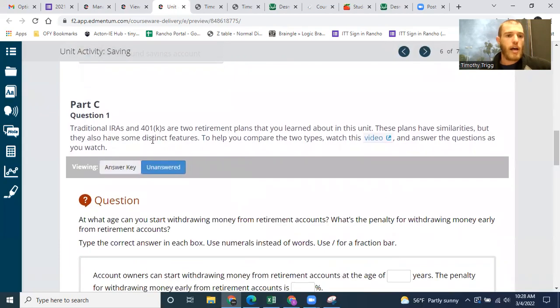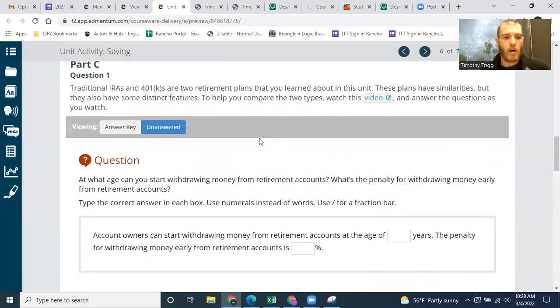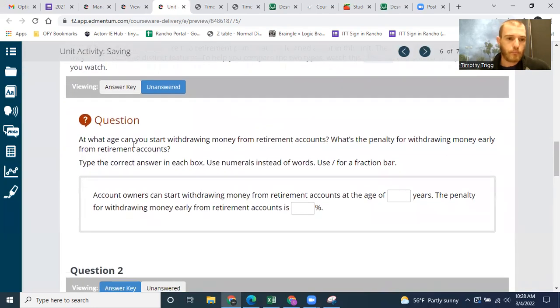Okay, traditional IRAs and 401ks are 2 retirement plans that you learned about this unit. These plans have similarities, but they also have some distinct features. To help you compare the 2 types, watch this video and answer some questions as you watch. At what age can you start withdrawing money from your retirement accounts?